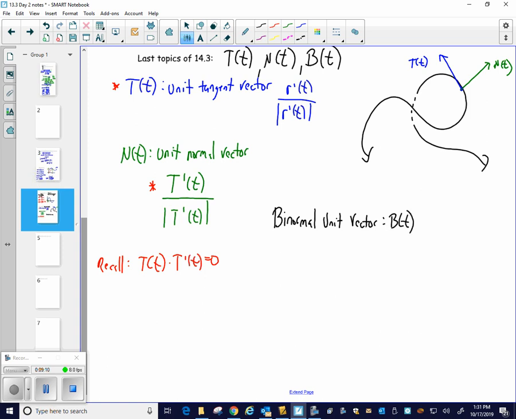If you break the words down here, it actually makes sense as to what it is. Binormal means it is normal to both the tangent and the normal vector. So if you want a vector which is perpendicular to both, this is not easy to draw.